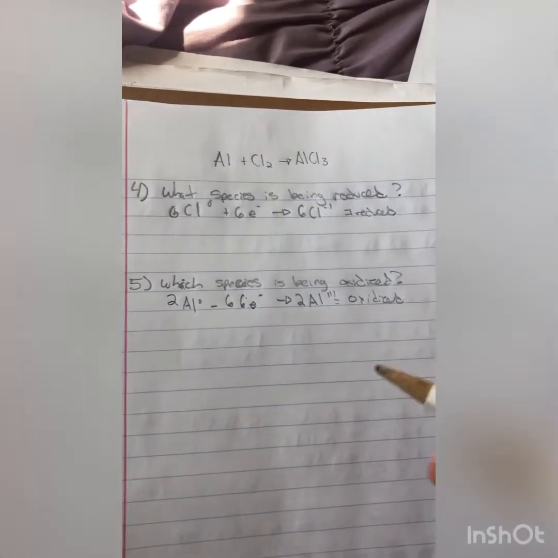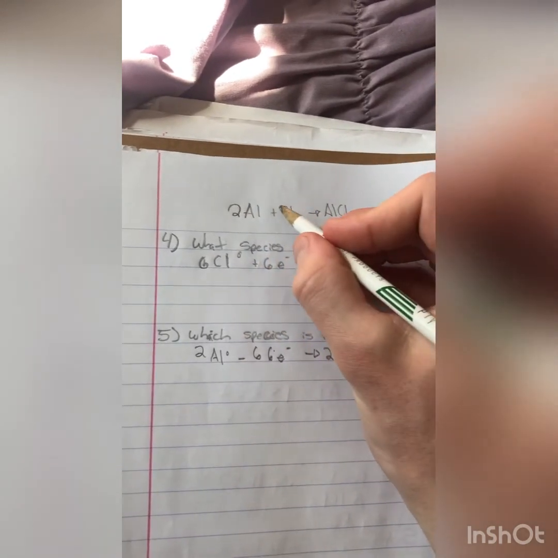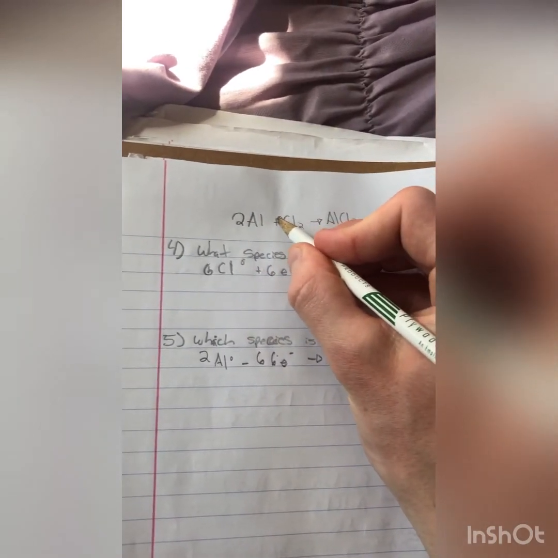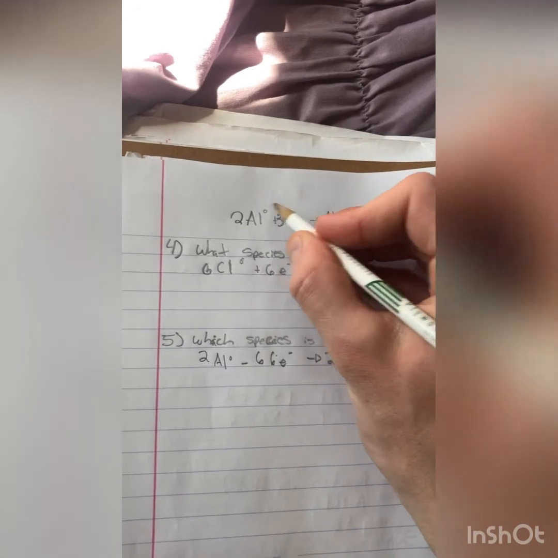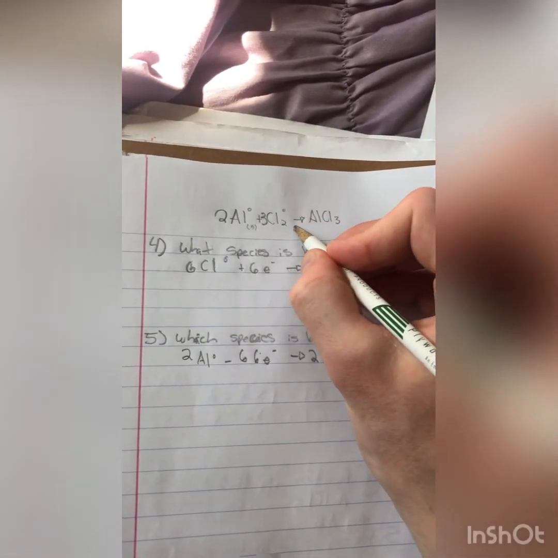I'd like to note that this is probably more easily understood if we insert the balanced chemical equation, so you can understand the oxidation numbers and the charges. And states.